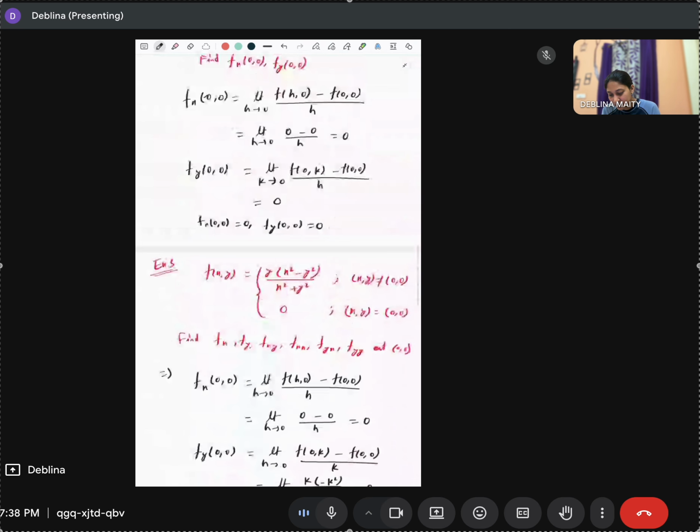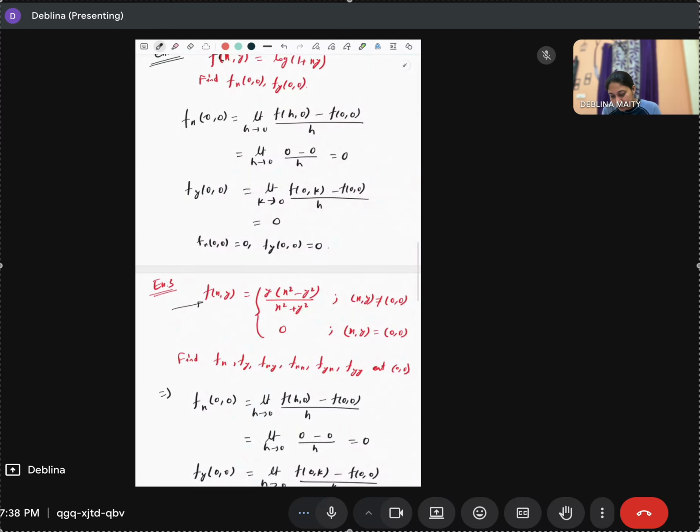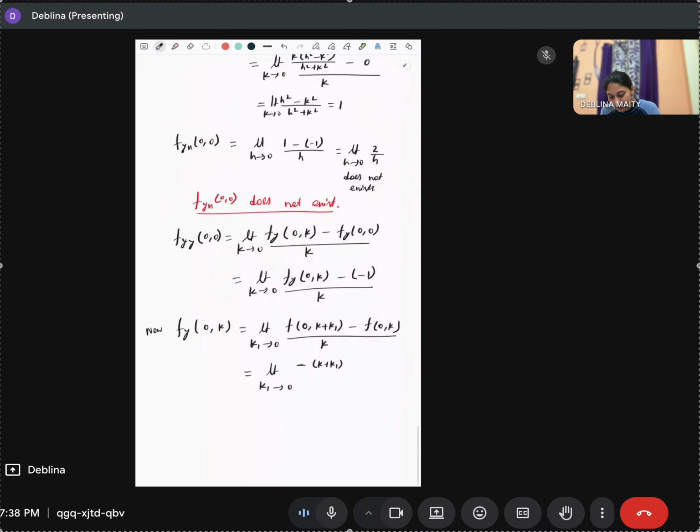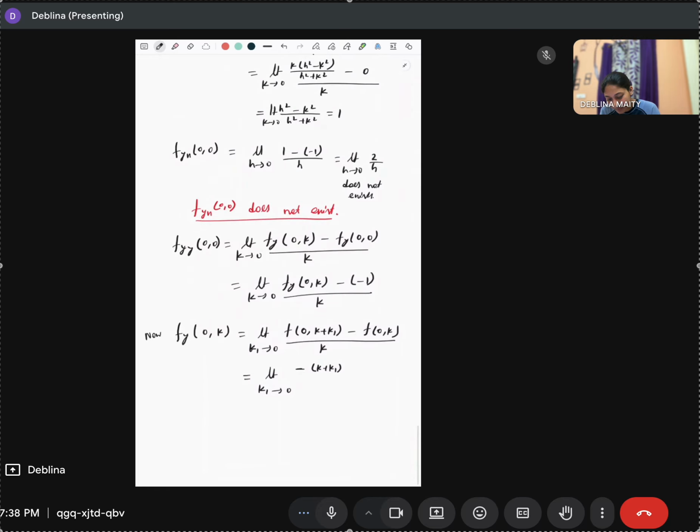From this definition, if x is 0, it will be minus y, so this is minus (k plus k1), and similarly this is minus k, by k1.